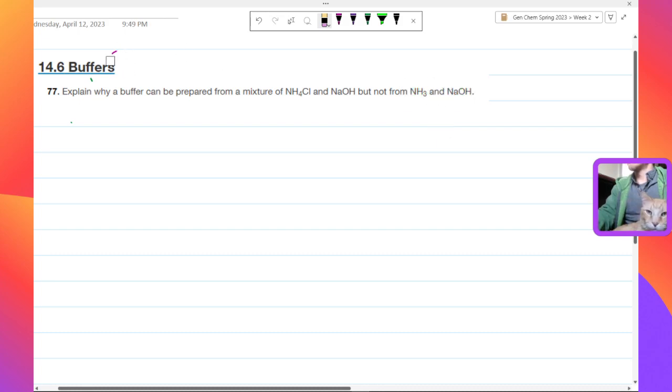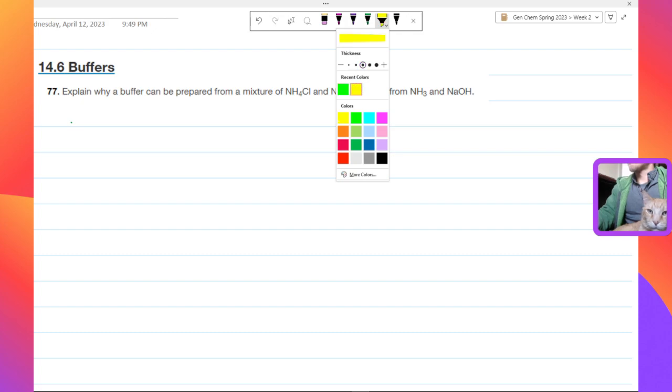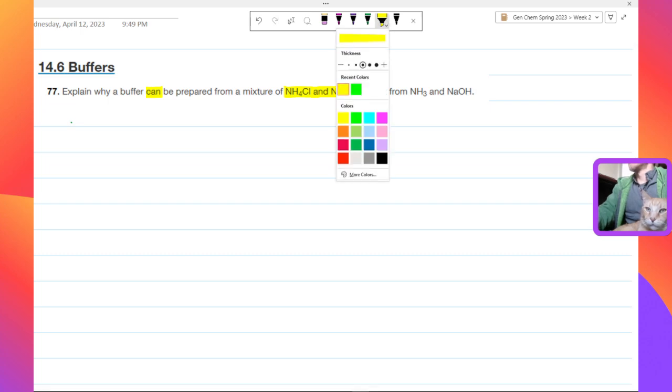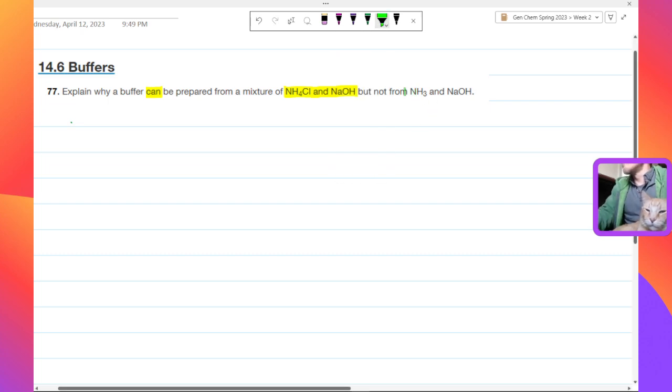So it is asking us why the pair of ammonium chloride and sodium hydroxide can be used for a buffer, but the pair of ammonia and the same strong base, sodium hydroxide, cannot be used for a buffer.